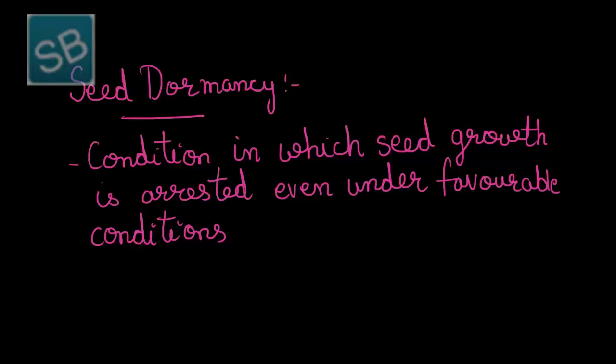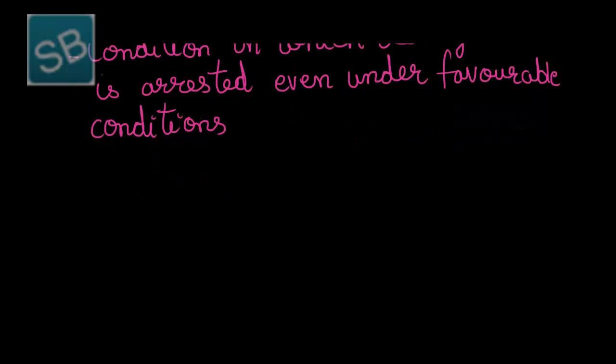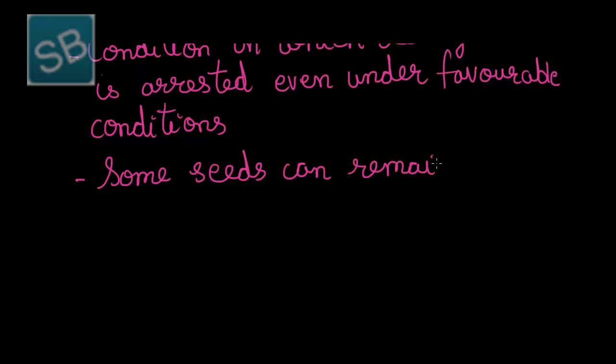When such seed growth gets arrested, the degradation of the plant occurs, resulting in decreasing growth. For this, various factors are responsible and various types of seed dormancy occur. Some seeds can remain dormant for months, for a few months, or even years.